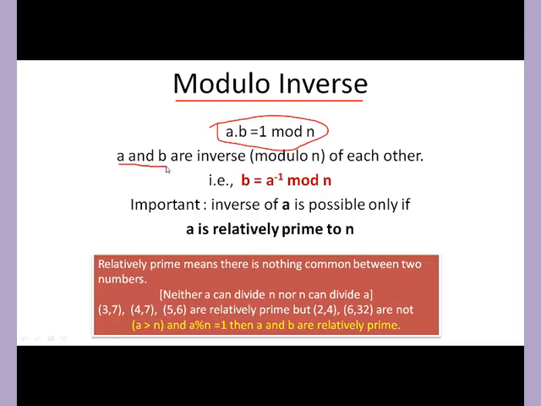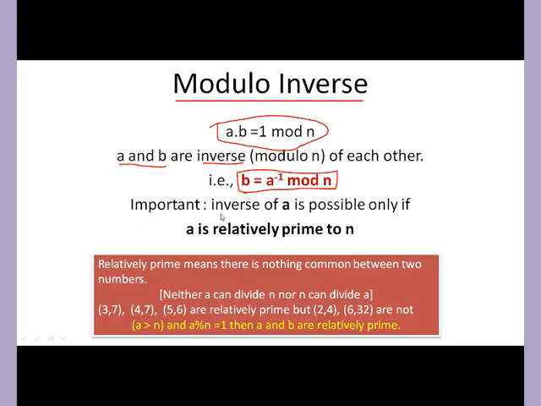A and B are inverses of each other. Normally, if we discuss for A, B is the inverse of A, and we write this as B equal to A inverse mod n.